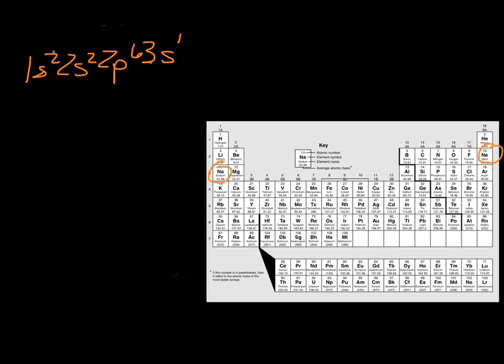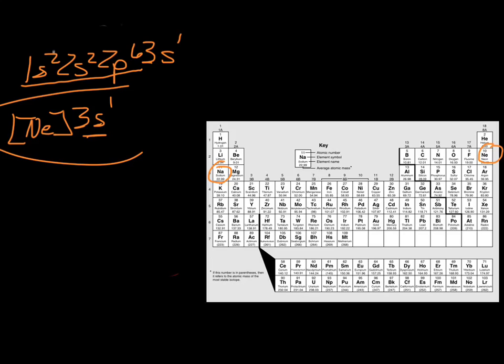Neon is the nearest noble gas before sodium. So we would write neon 3s1. So what it's saying is sodium has an electron configuration just like neon. There's neon's electron configuration, and you just add a 3s1 to it. So this is the abbreviated configuration for sodium.